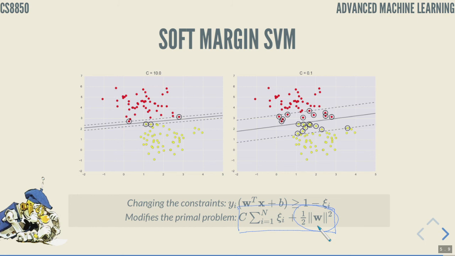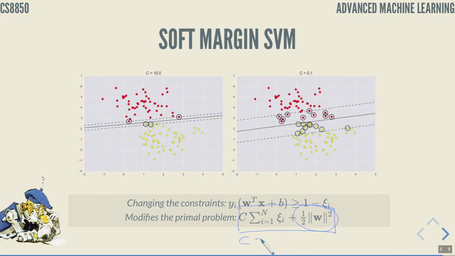So if we want to penalize mistakes with infinite penalty, remember that when we defined our primal formulation in the beginning, the constraints were hard. They just had to be satisfied. That's like infinite penalty if you violate the constraint.